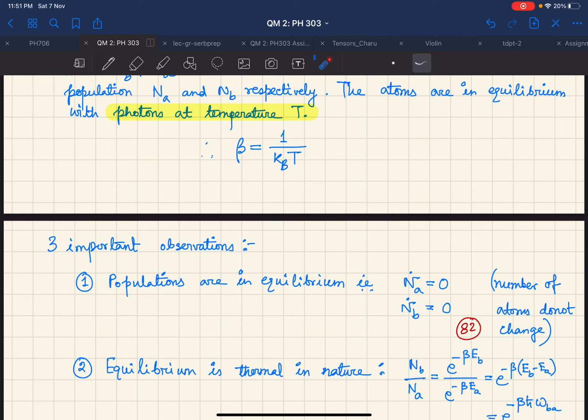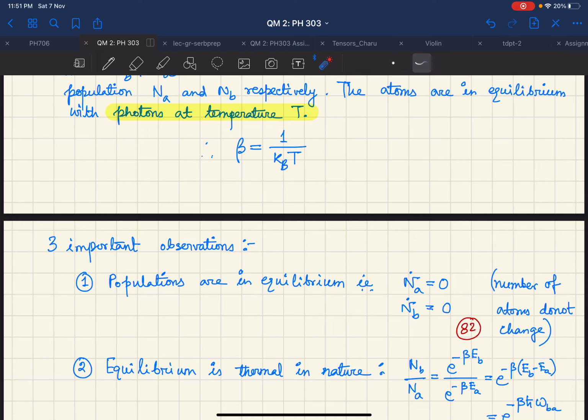Firstly, the populations are in equilibrium. That means if I have Na atoms in state A and Nb atoms in state B, then in equilibrium the numbers of atoms are not changing with time, and that means Na dot and Nb dot should be 0.